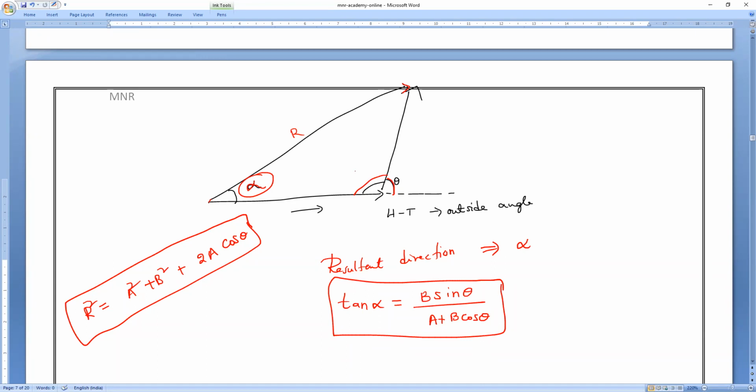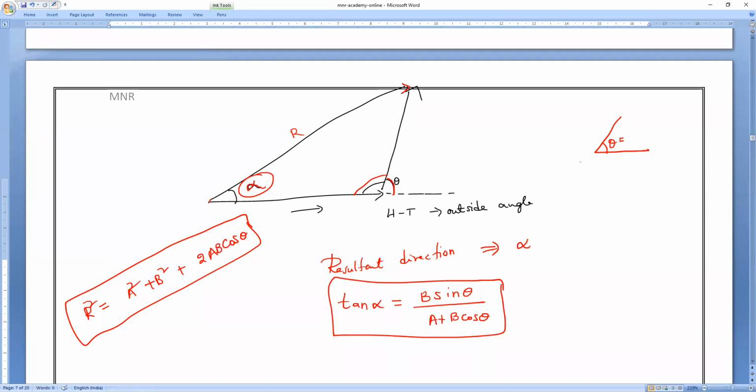The smaller angle. Yes, 2AB cos theta. Very good.